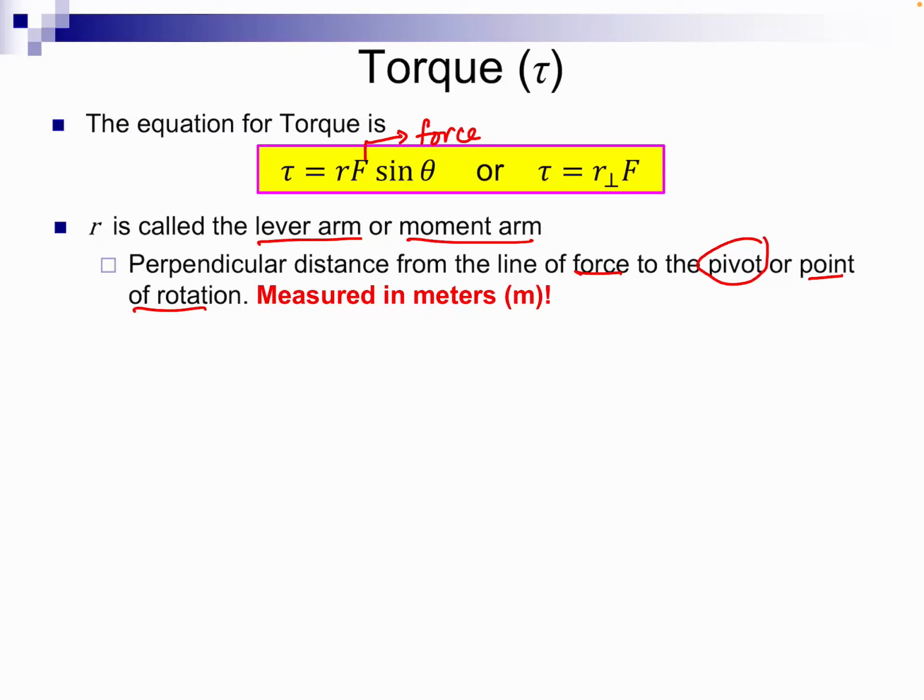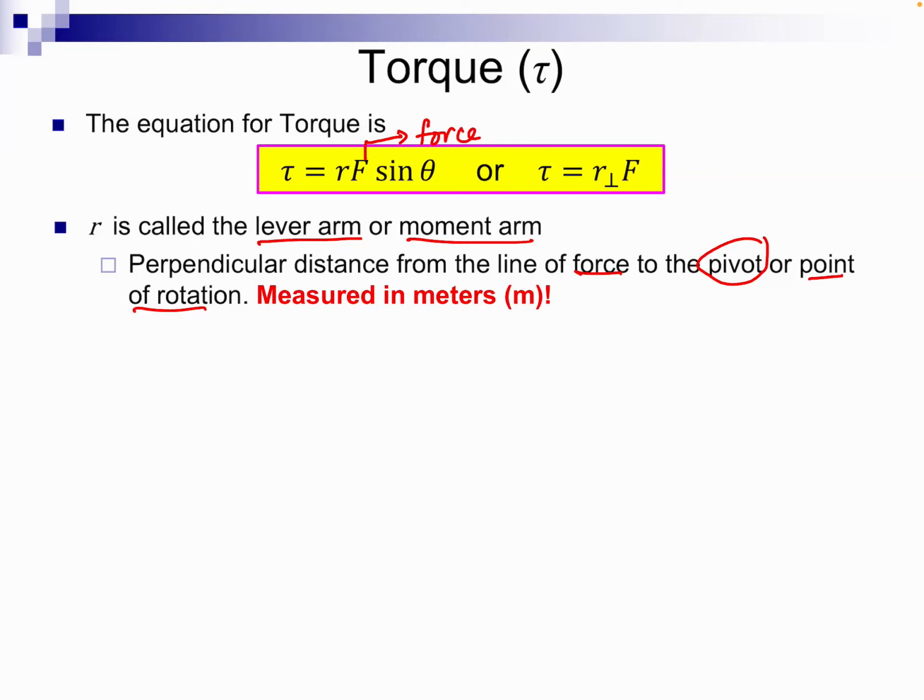So in this analogy here, if I apply a force downwards, the lever arm will be the perpendicular distance from the force, the downward force, and the pivot. The pivot is the point where the object rotates, which is, the object rotates about this point. So this is the pivot.